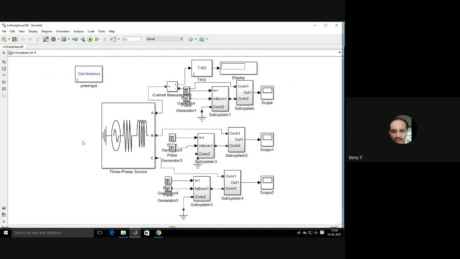So this is the simulation of three-phase TCR in roll number 5. Roll number 5 assignment of power electronics.